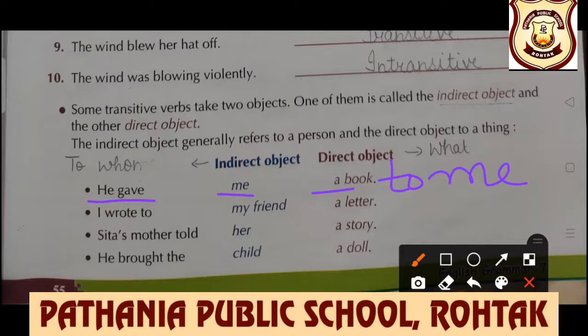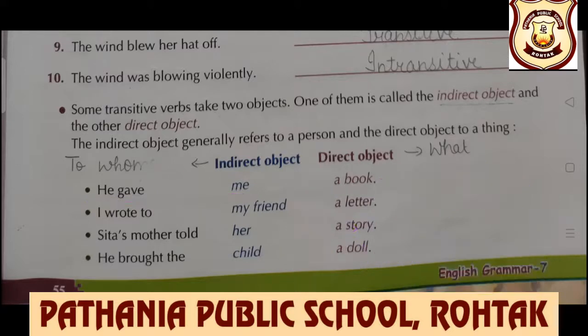I wrote a letter to my friend. Will it make a difference? Of course not, children. And this is our next concept, which is the position of direct and indirect object.